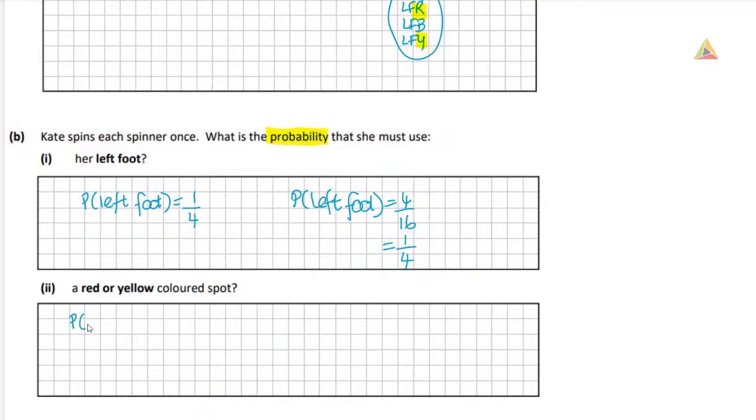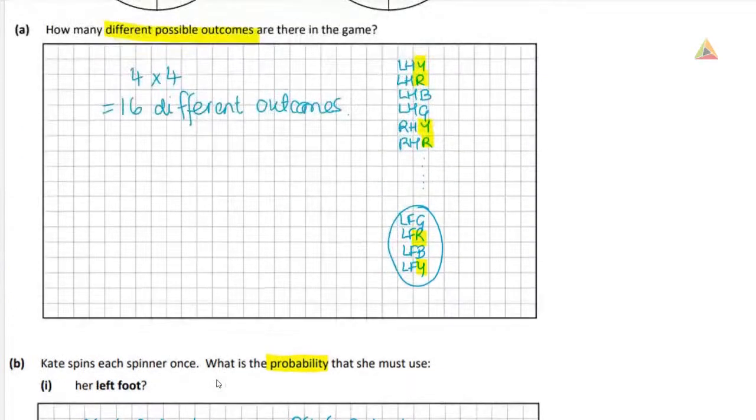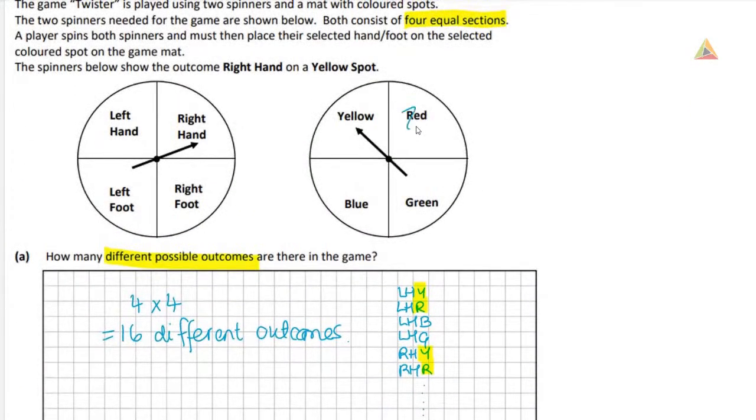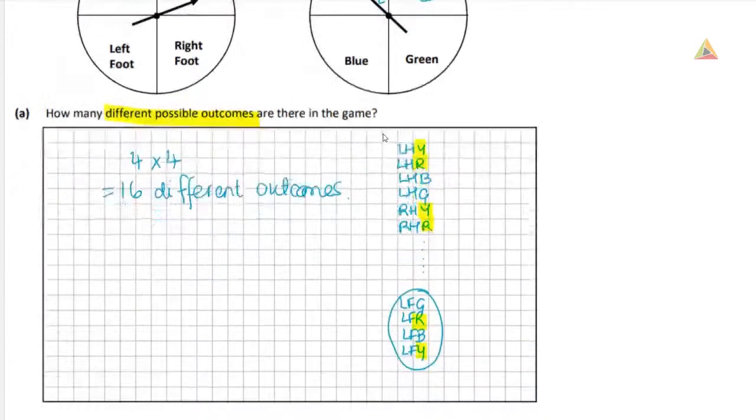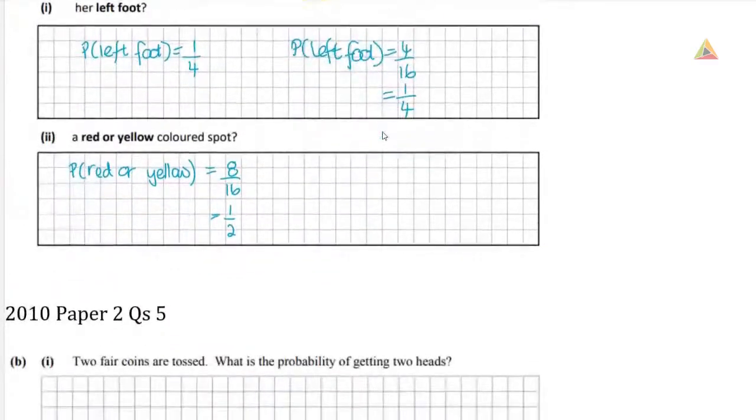So the probability of red or yellow is 8 out of the 16 outcomes, and that's the same as a half. And again, if we look at the second spinner here, I can see that red or yellow is making up half of that spinner. So the probability of red or yellow is going to be a half.